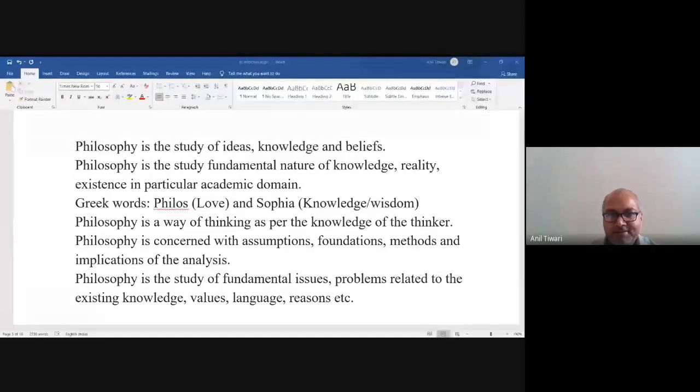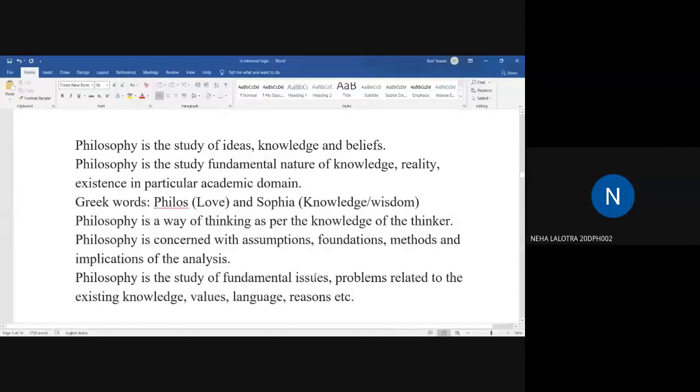Sir, philosophy is... Who is this? Neha? Okay, Neha Lalotra. Neha, please go ahead. Yes, sir. So philosophy is the study about basic things, how a person should live, and his or her nature of existence, and truth about themselves, the world in which they live, and their relationship with the world and each other.